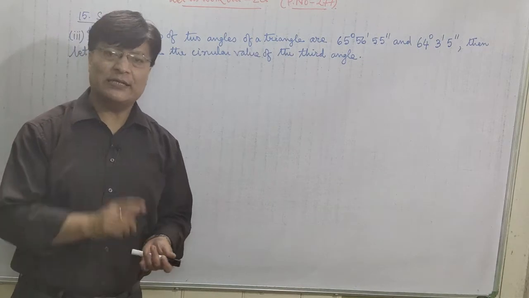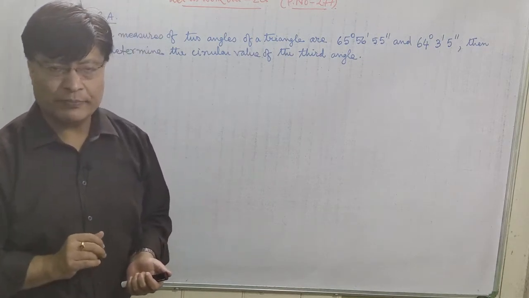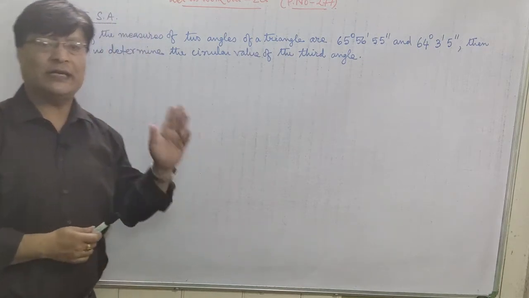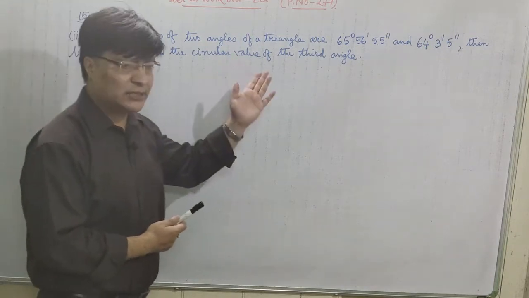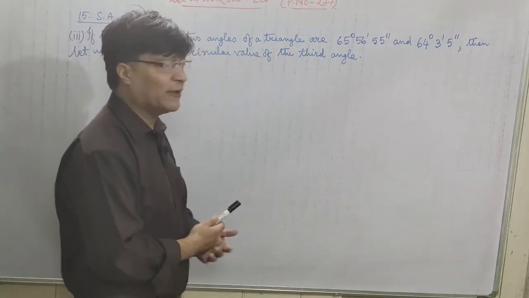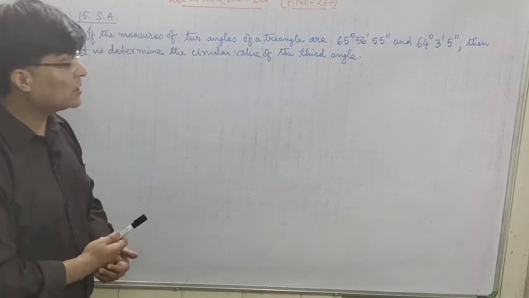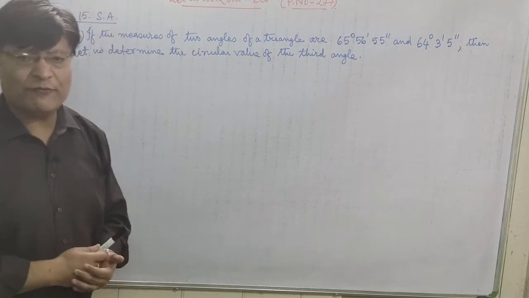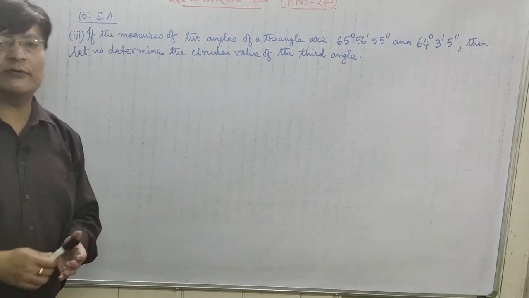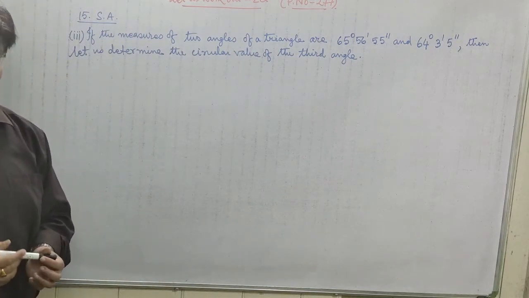So you know that in a triangle there are three angles and the two angles are given in terms of the sexagesimal system, that is 65 degrees 56 minutes 55 seconds and 64 degrees 3 minutes and 5 seconds. Okay, so you have to find out the third angle in circular measure.